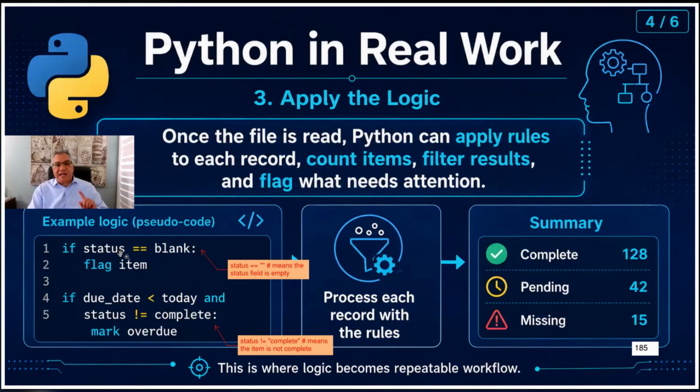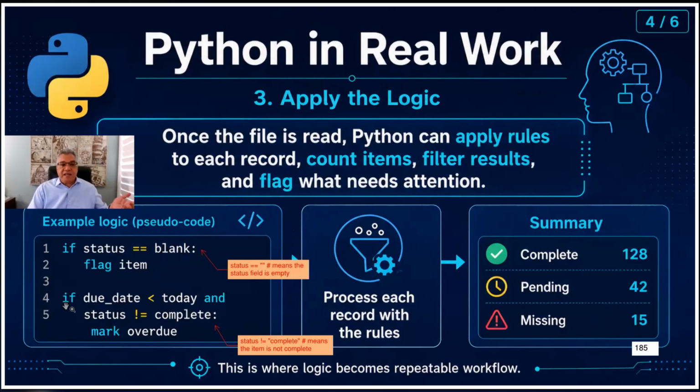You can say if status equal blank, and again, like if you remember from the last video, equal is double equal, not single. So flag the item. And in Python, for blank, you don't have to write blank. You can just put two double quotes with nothing between. I'm going to explain that in the next slide.